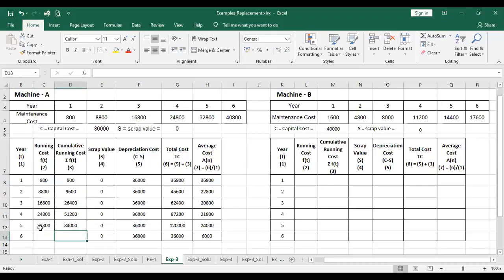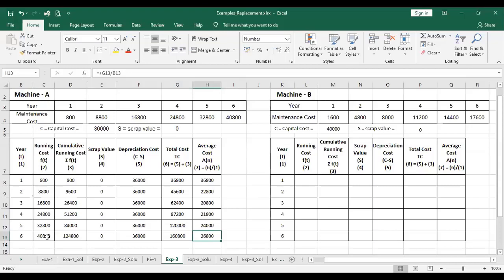And yes, Nausad, the last year. Yes, it is right. It is 26,800 rupees.